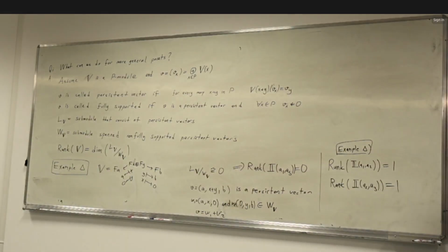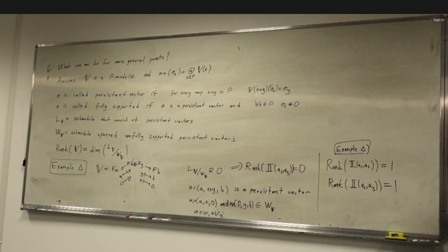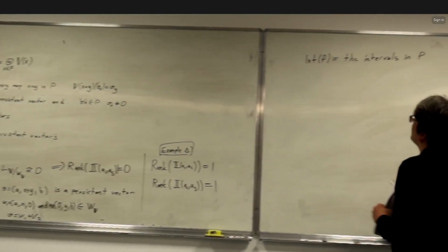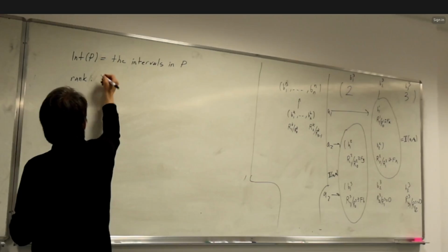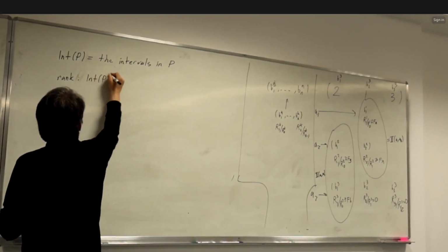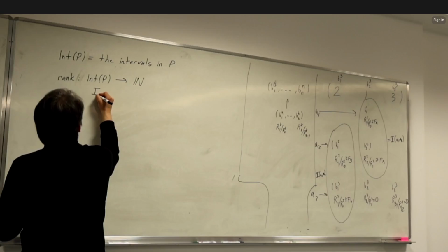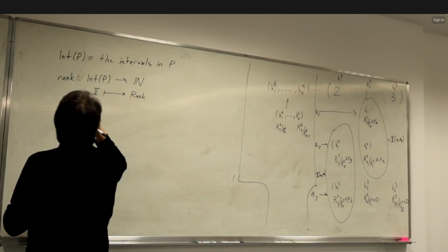So now we define the rank invariant. Okay, let's say Int(P) denotes the intervals in P. Then we define the rank invariant from intervals in P to natural numbers by sending the interval I to the rank of the interval.